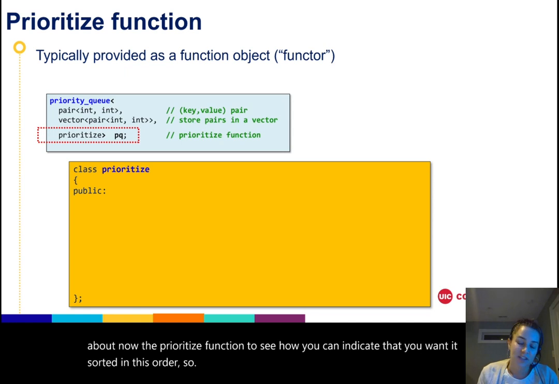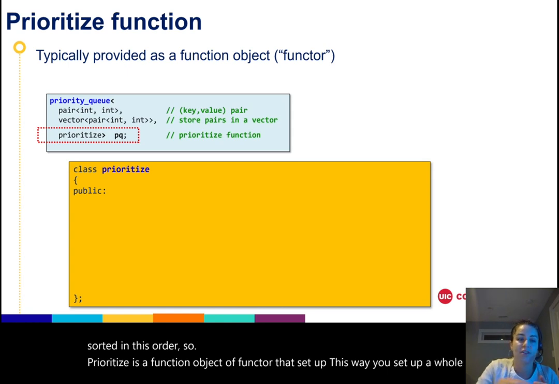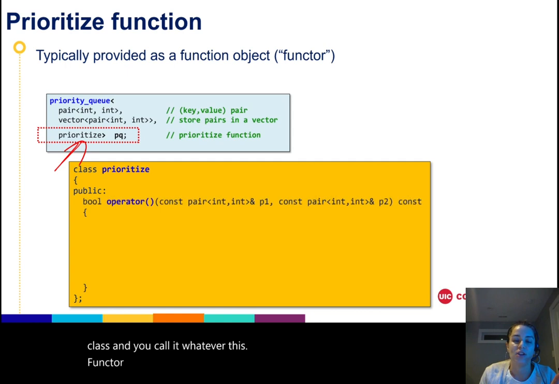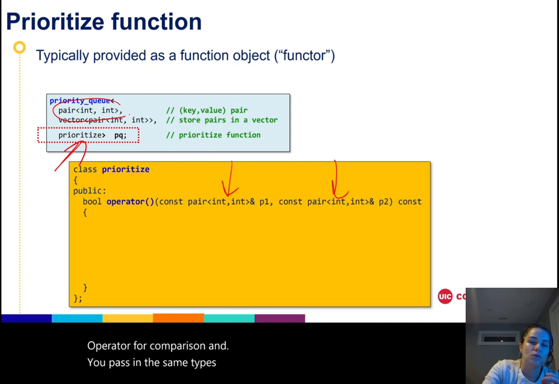Prioritize is a function object, a functor, that's set up this way. You set up a whole class and you call it whatever this functor is called, and then you set up the operator for comparison, and you pass in the same types here that you use as the key value pair.